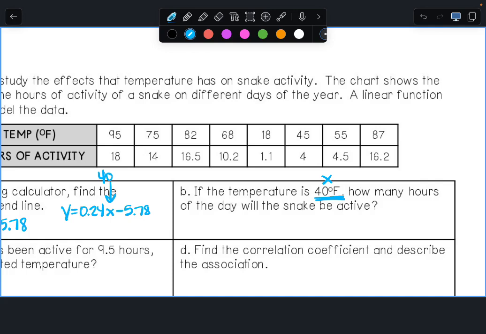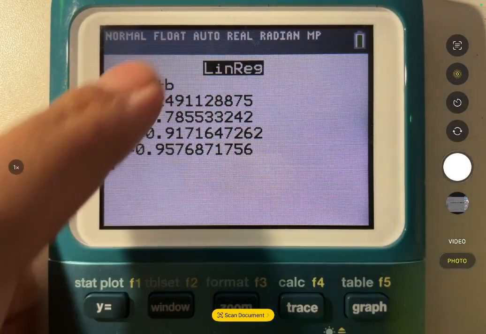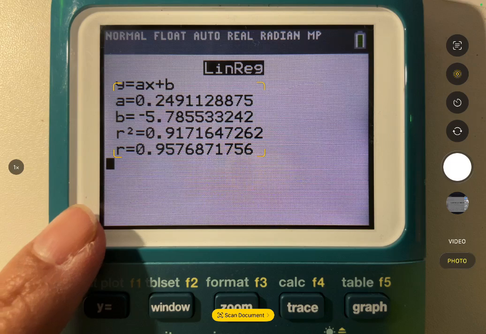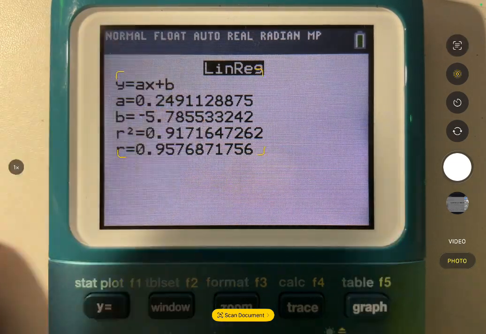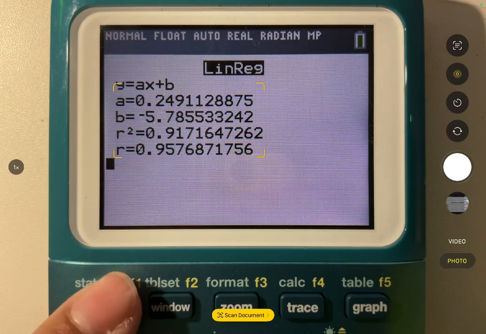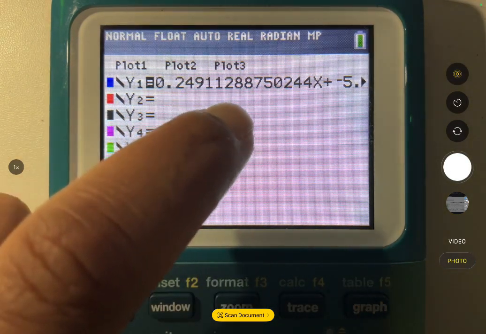Just use the calculator. First things first. Everybody's already on this screen? We notice our slope is 0.24911, right? Hit y equals. You're going to see the 0.24911 and the rest of the decimals.